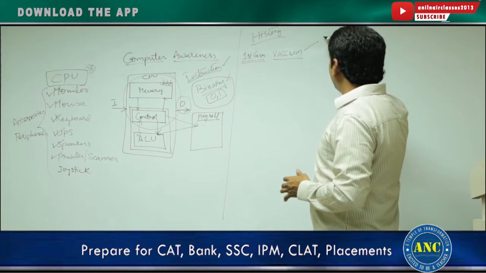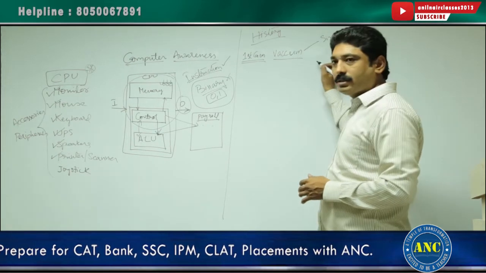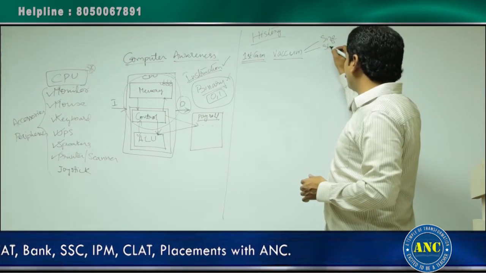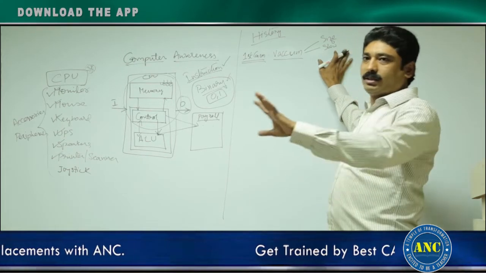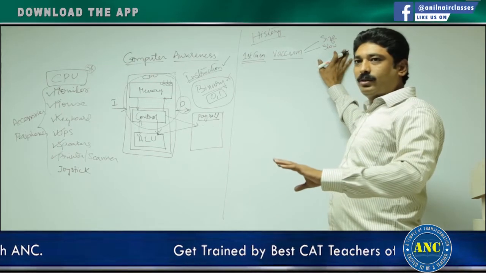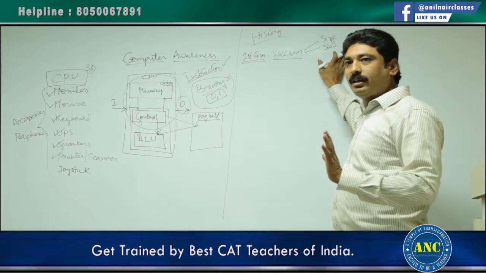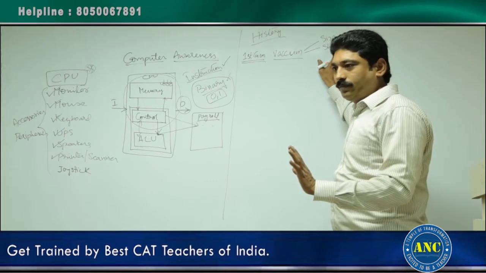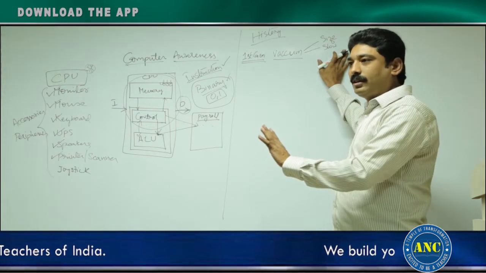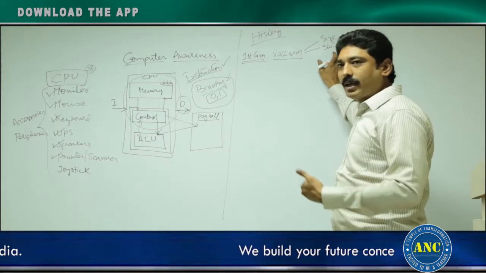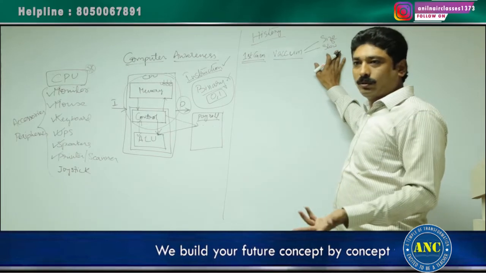First thing is size. It was huge in size, and then slow in processing. Slow in the sense that when we compare it with today, yes, it was slow. But when you look at it from the day it was invented, it was an invention. So there is nothing called slow or fast. At that time it was up to the mark. But if you compare it with today, then it is called slow.